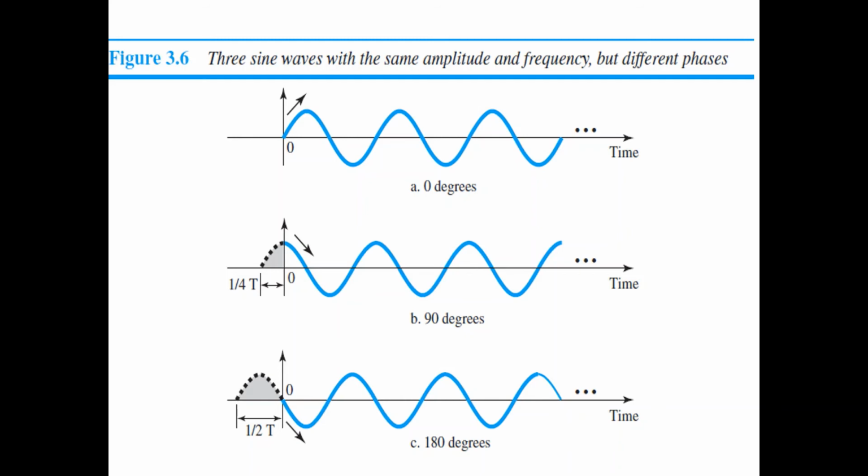And if you are comparing the first diagram and the third diagram, then the difference would be approximately 180 degrees. So in short, phase is not a parameter, but it helps us to understand the phase difference or the phase shift.